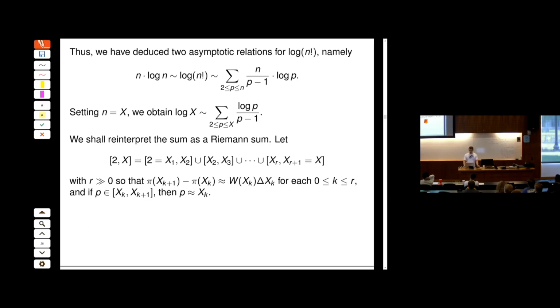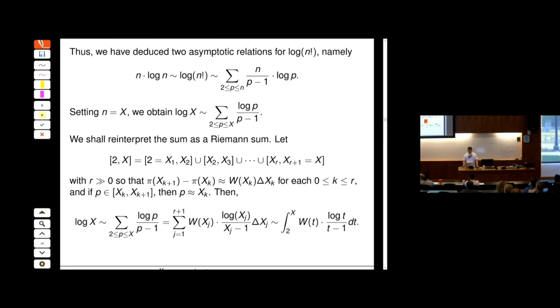Delta x in this case is whatever length of a subinterval I've decided on, and if the intervals are small enough, then if p is in one of those intervals, then p is like one of the numbers in the interval. So I'm picking the left-hand side of the interval.